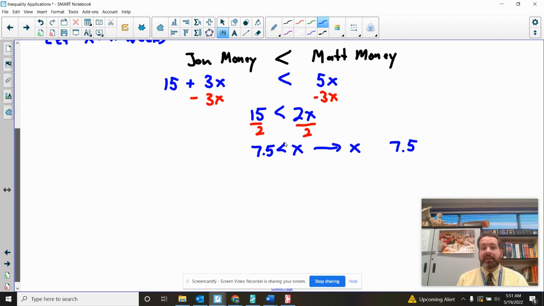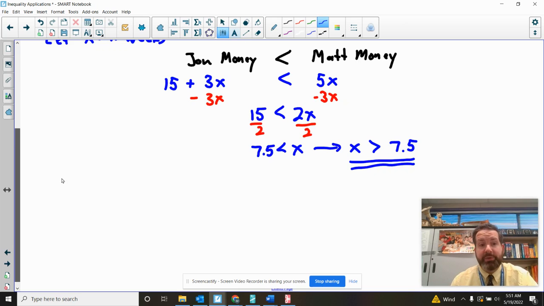But I need to make sure that the 7.5 stays the smaller one. So I'm allowed to do this. I can switch where the x and the 7.5 are, as long as I also change the direction of the inequality. So x was bigger because it's opening to the x. X is still bigger, it's opening to the x. These two statements say the same thing. This one, though, is just a little bit easier to interpret. X has to be more than 7.5.